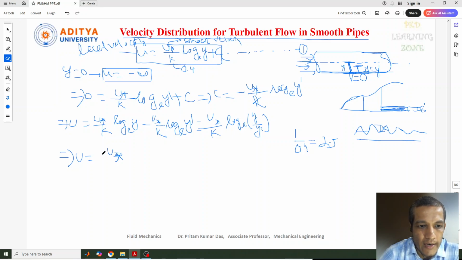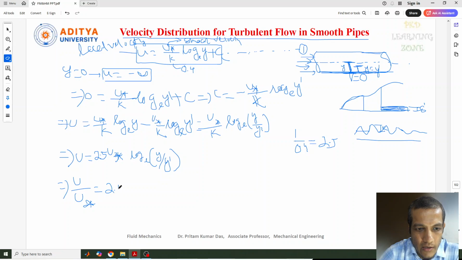So directly I can write 2.5 u star log e y by y dash. This is only the local velocity, and now let's take this u star to the other side, u by u star.